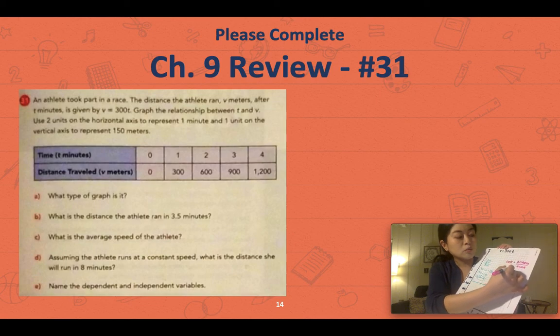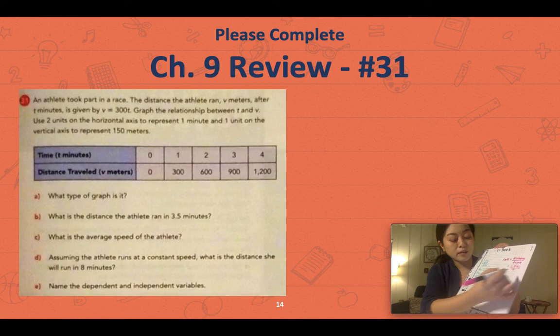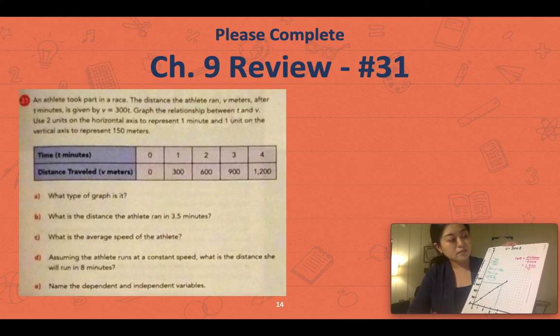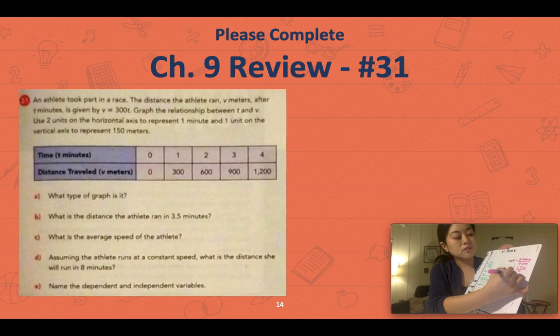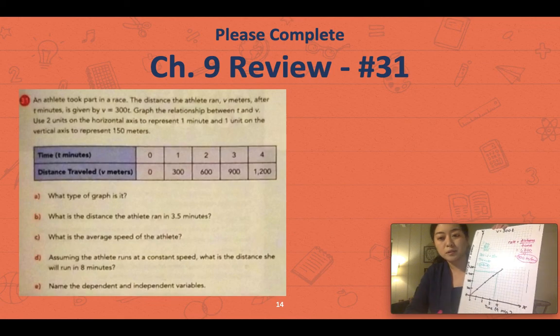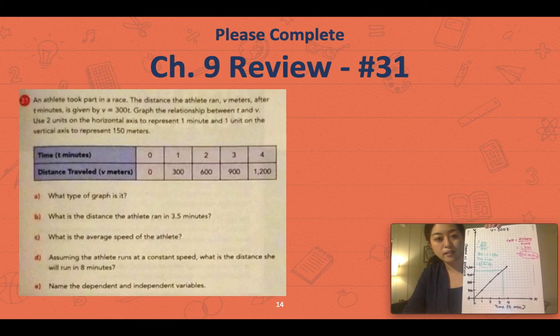Okay, so what we're going to do is 1,200 meters divided by 4 minutes. Okay? And this would equal 300 meters per minute. This is the average speed of the athlete.